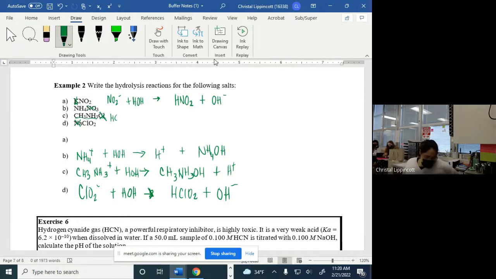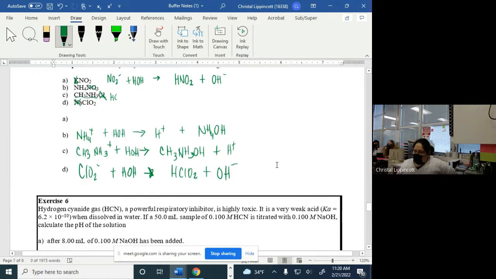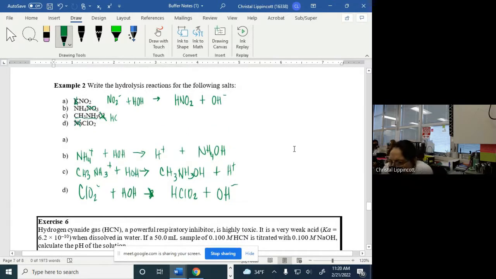So the weak acid or base always reacts with the water. Because the strong is just going to stay as ions. So if Na gets in and the OH is left behind, it's not going to join up with that OH. You're just going to have Na floating around and OH floating around. It's not going to make anything on the other side like these do.